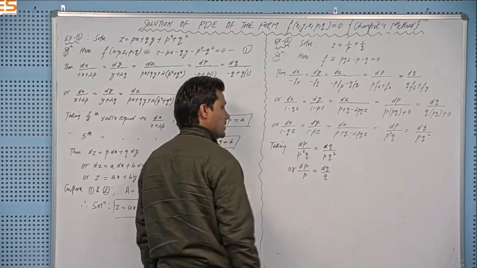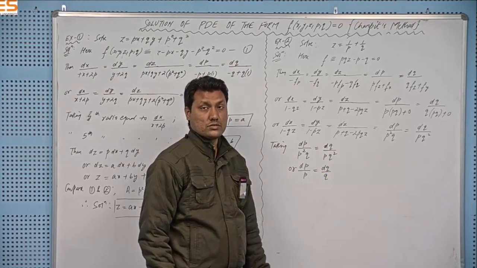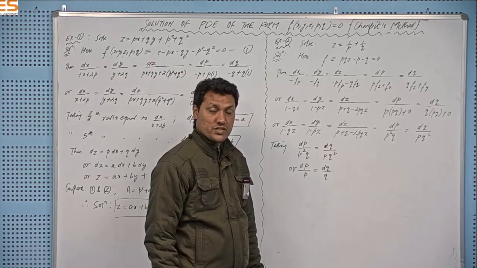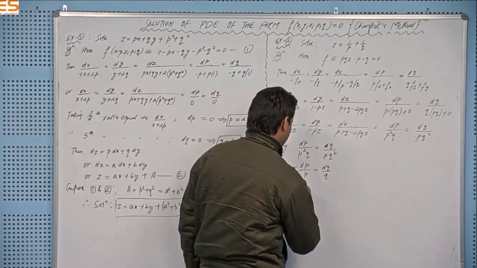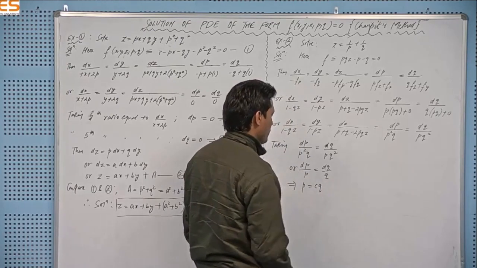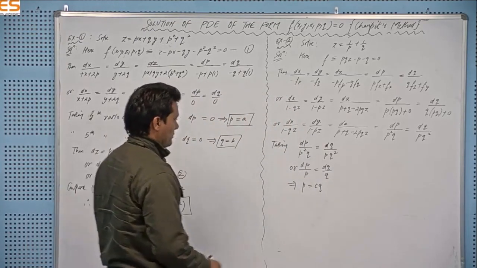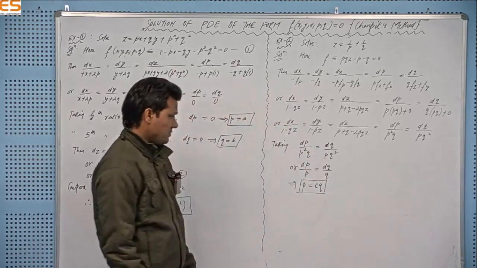Then on integration of both sides, I will be getting log p is equal to log q plus log c, c being the constant of integration, and that will produce p is equal to cq. Let me put a box on this relation: p is equal to cq.